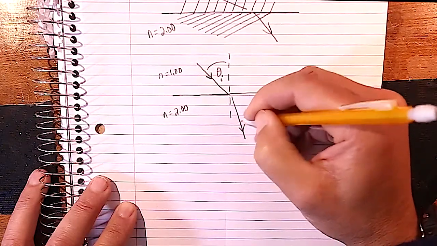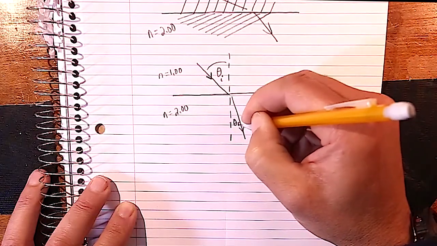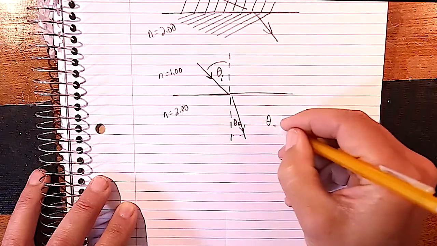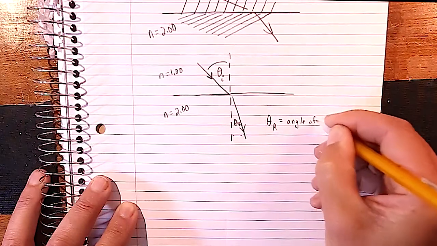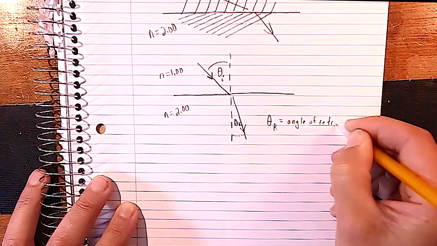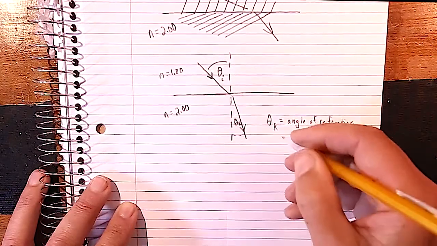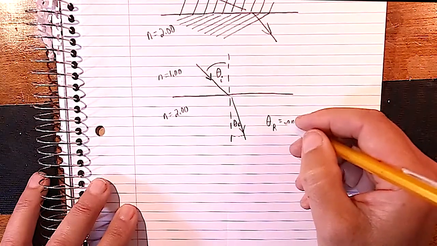That slowing down is going to make it bend towards the normal. Now that's very important. I'm going to label this theta r. Theta r is our angle of refraction. Now I use an uppercase R because, and most textbooks use this as well, we don't want to confuse it with little r, the reflection.